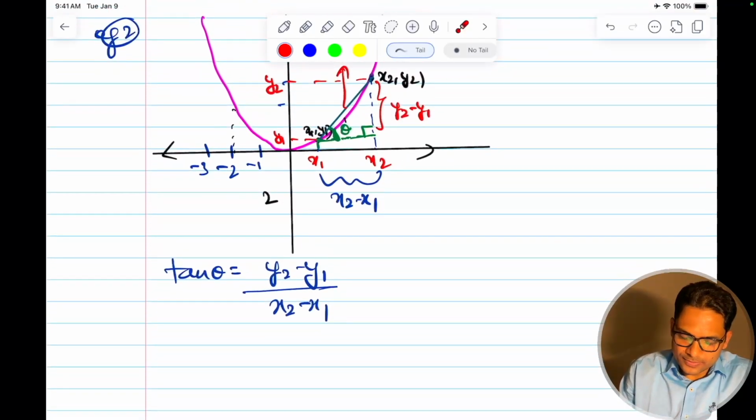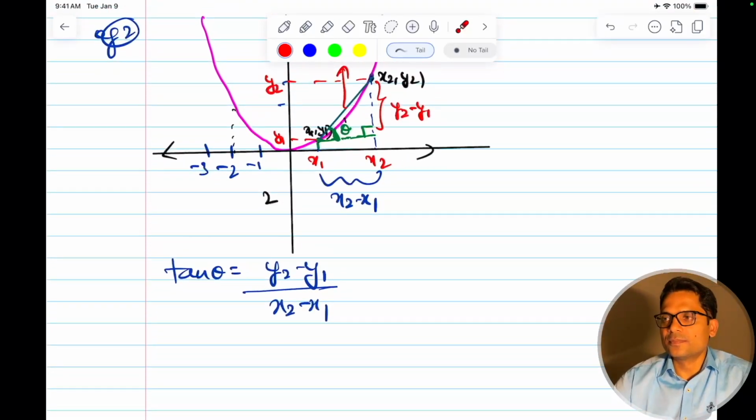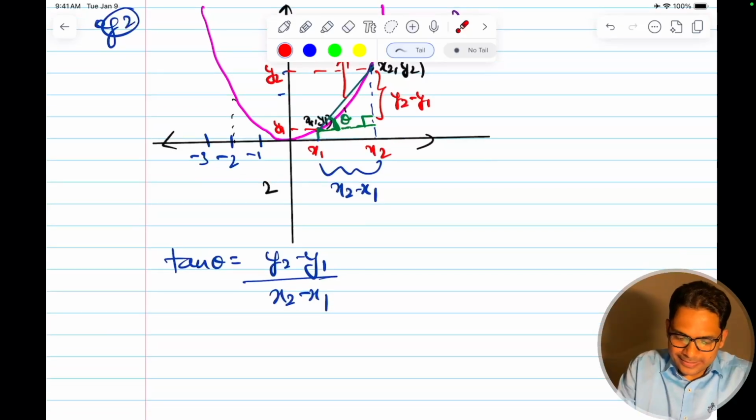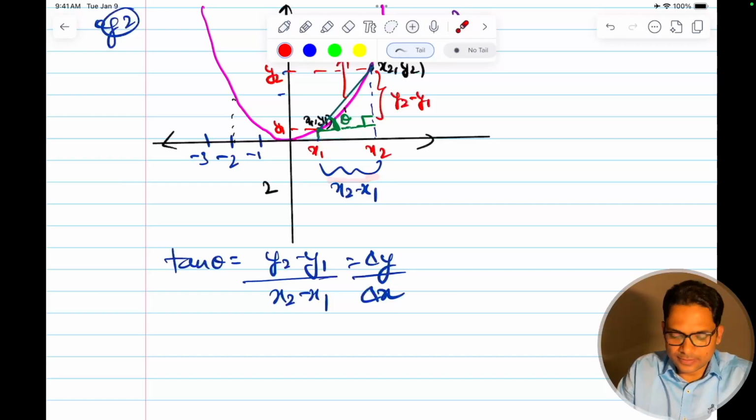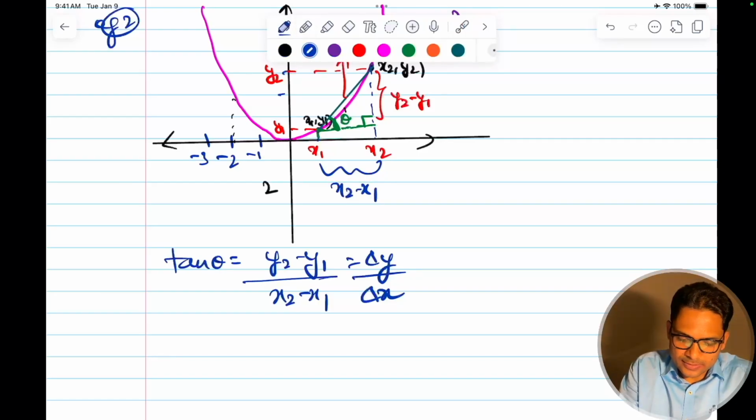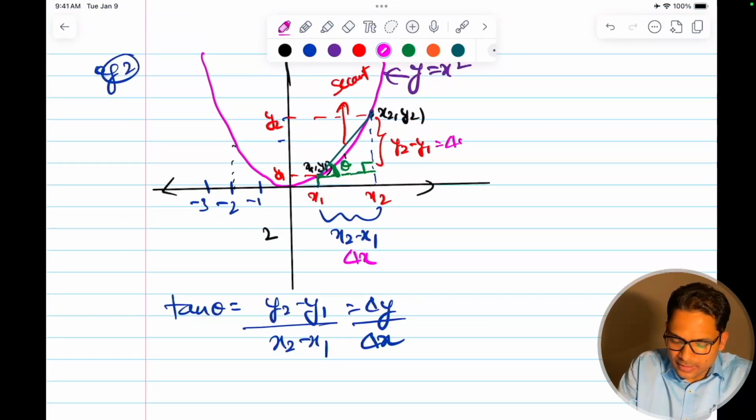Now this x1 and x2 difference is your delta x, so this is equal to delta y by delta x. This is the change in x, or this is your delta x and this is your delta y.